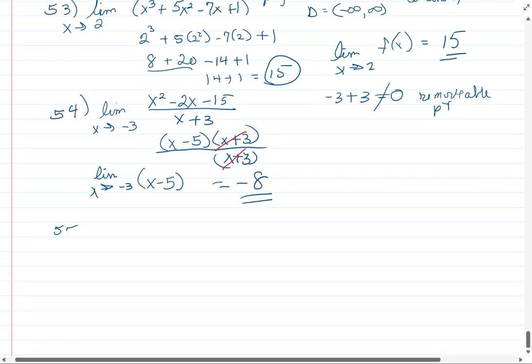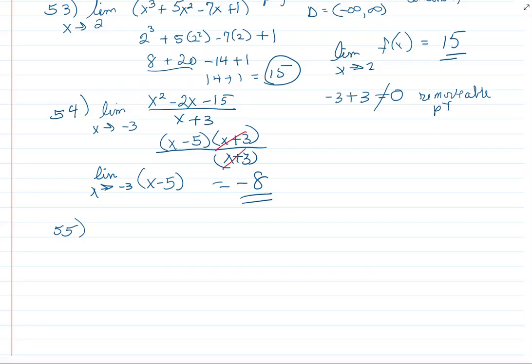Limit as x approaches 1. If we do 1 on this guy on the denominator, I'm going to have 3 minus 4 plus 2. And it's okay, isn't it? Because it's just 1. It's not negative 1 or anything crazy. All right. And so this one is a plug-in.